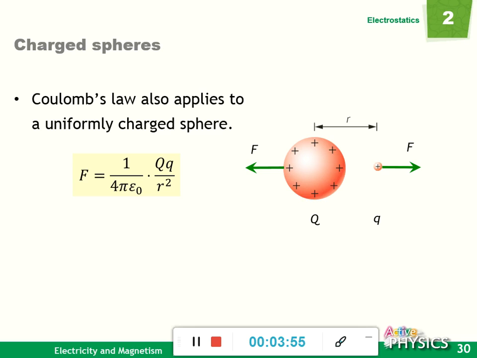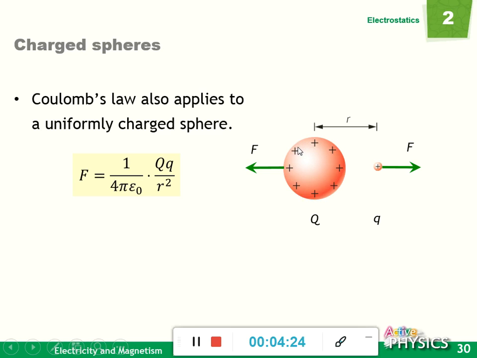How about the charged sphere? A bigger one and a smaller one. R will be the distance between the centers of them. Based on this equation, for a uniformly charged sphere, what is the meaning? It means that all the charges are distributed on the surface.